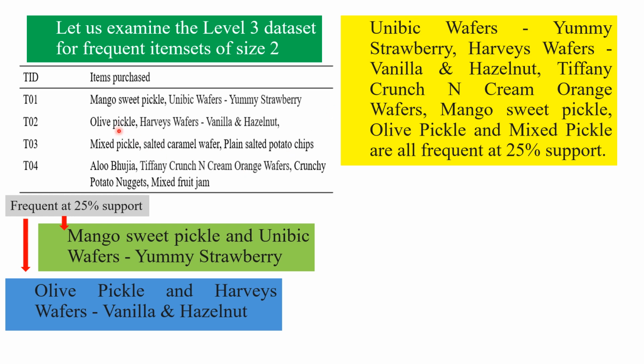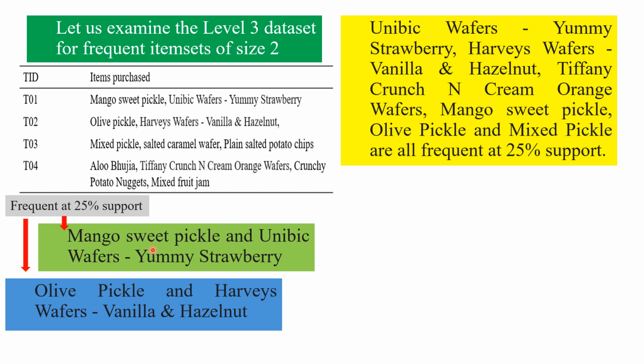Similarly, the olive pickle and Harvey wafers also occur together with a frequency count of 1. So, frequent at 25% support, we have been able to find a pair of mango sweet pickle and unibic sweet wafer, and another pair, olive pickle and Harvey's.